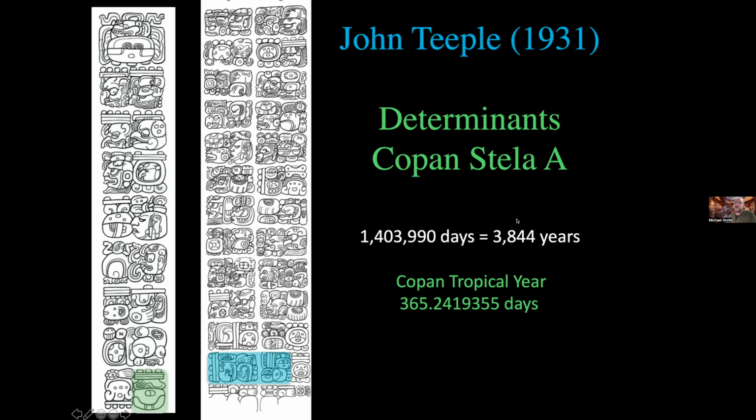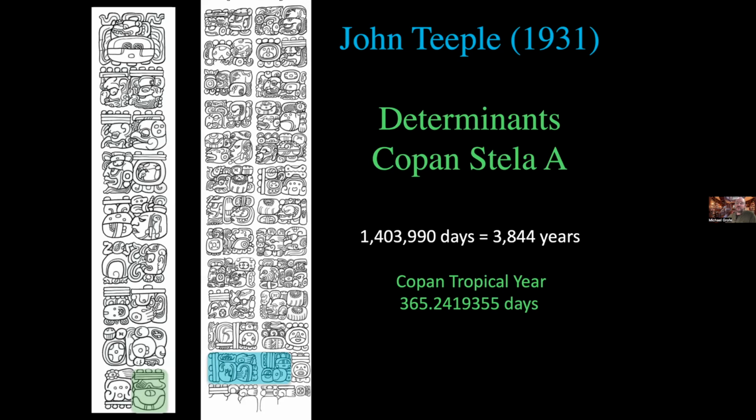1,403,990 days, equivalent to 3,844 tropical years. And I have since called this Teeple's Copan tropical year, which works out to 365.2419355 days. And so that's very, very close to the actual current measurement of the mean tropical year, which is 365.24189, I believe.